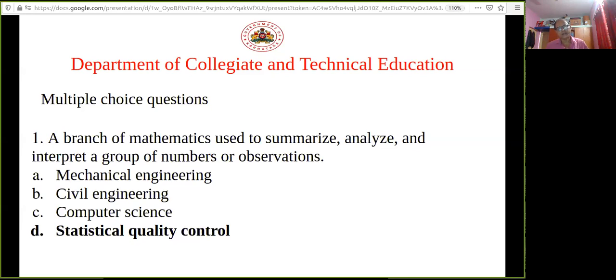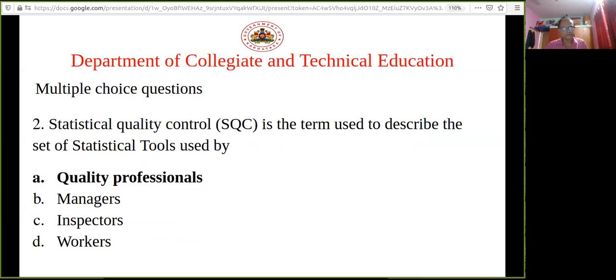It is the branch of mathematics where we study the mean, median, mode, standard deviation, and a lot of other aspects. That's why the right option for a branch of mathematics used to summarize, analyze, and interpret a group of numbers or observations is statistical quality control.